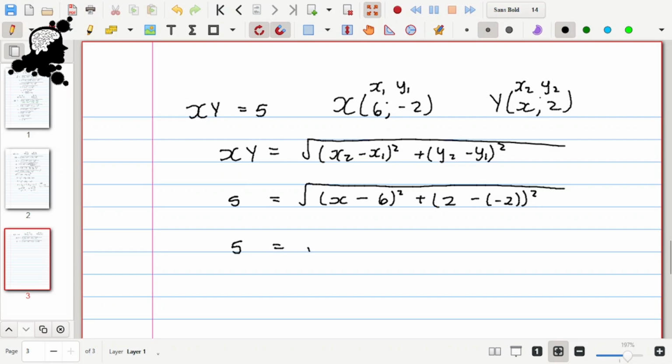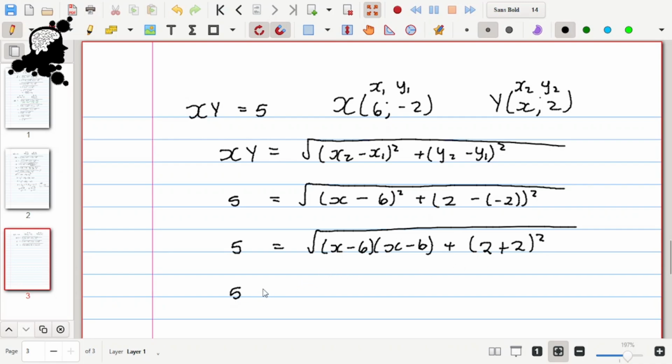5 is equal to the square root of, we've got a bracket which is squared, so x minus 6 into x minus 6, plus this is going to give us 2, and then negative times negative is positive, 2 all squared. 5 is equal to the square root of x times x is x squared. X times minus 6 is minus 6x.